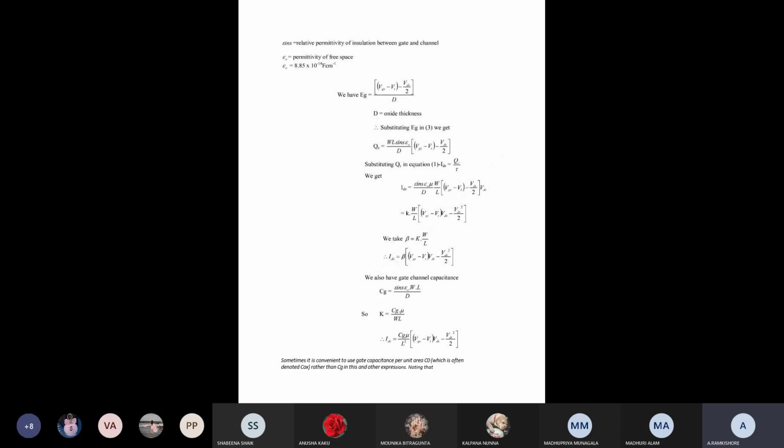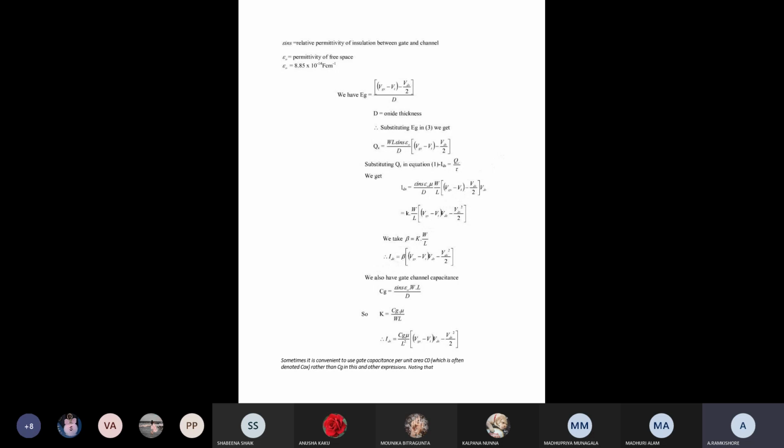That is the drain to source current depending on the permittivity values, that is the K value, the ratio of width and length of the channel, and VGS minus VT into VDS minus VDS whole square by 2. So this much current we have to expect whenever the device is operated in the non-saturated region.